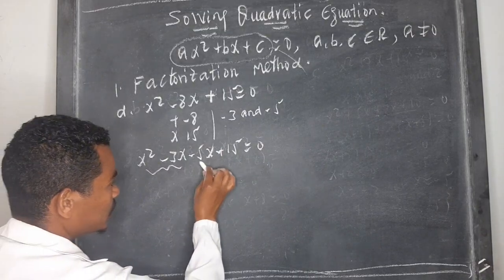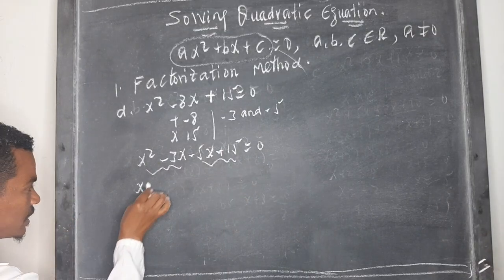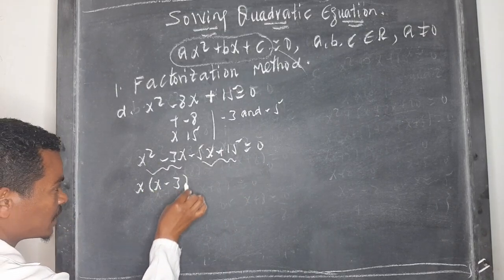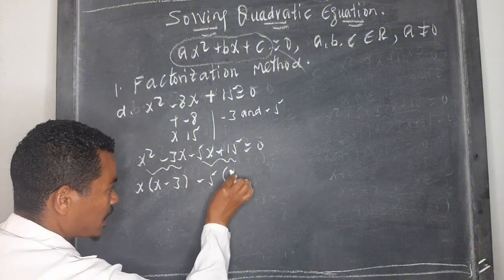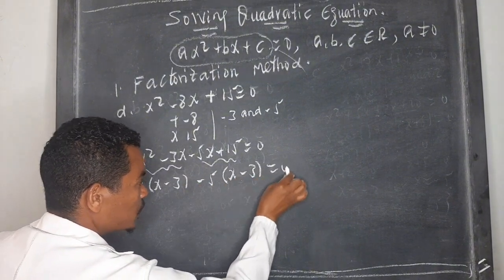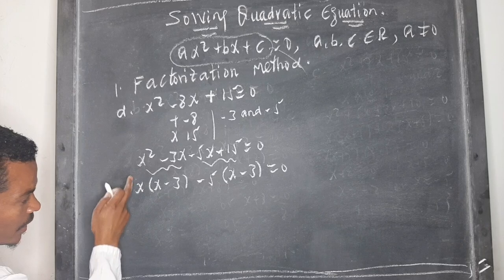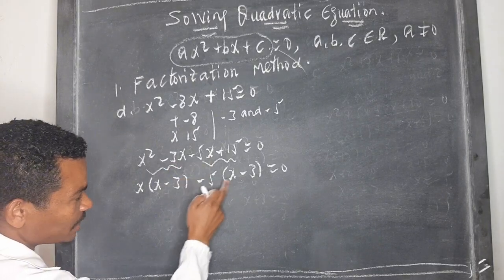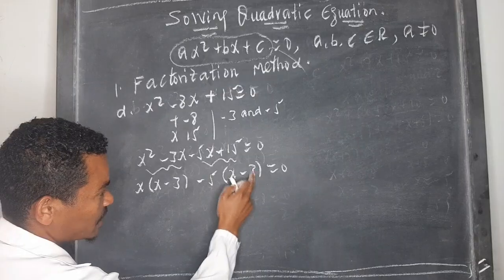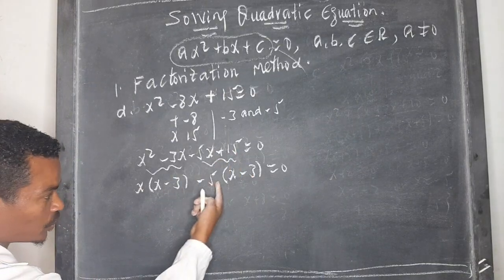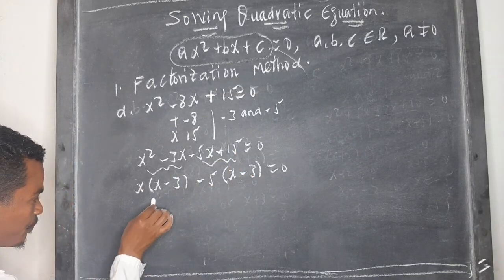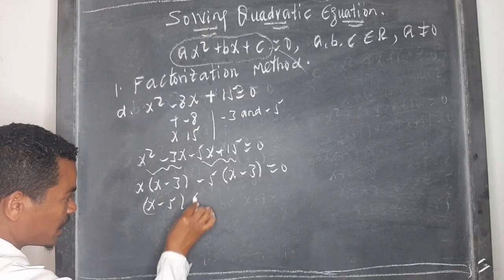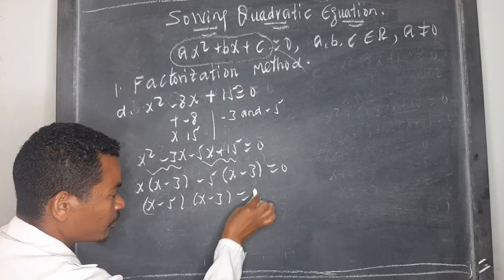እችኛውን አንድ ላይ እችኛውን አንድ ላይ. That is the common factor is x into x minus 3, minus 5 የጋራ ብንወስድ x minus 3 is equal to 0. x times x is x squared, x times minus 3 is minus 3x, minus 5 times x is minus 5x, minus times minus is plus, 5 times 3 is 15. Then ኮኤፊሽንታቸውን አንድ ላይ መውሰድ እችና ተመሳሳይ ናቸው። x minus 5 times x minus 3 equals 0.